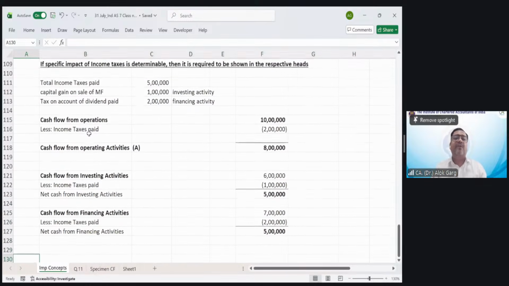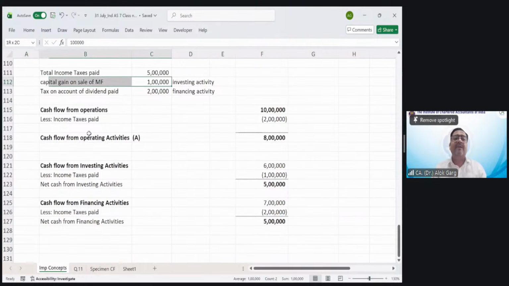Let me tell you. Total income tax paid is 5 lakh. Capital gain on sale of mutual fund 1 lakh rupee, investing activity. Tax on account of dividend paid 2 lakh rupee. Dividend paid, is it a financing activity or investing activity? Financing activity. So there is a DDT which you have paid, dividend tax paid 2 lakh rupee. So how has it to be shown? 1 lakh pertains to investing, 2 lakh pertains to financing. It means the remaining 2 lakh pertains to operating activity.